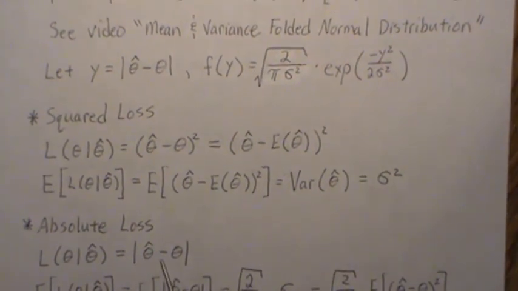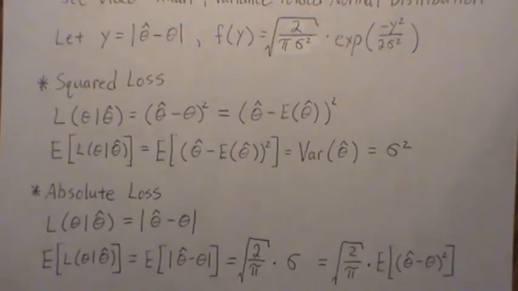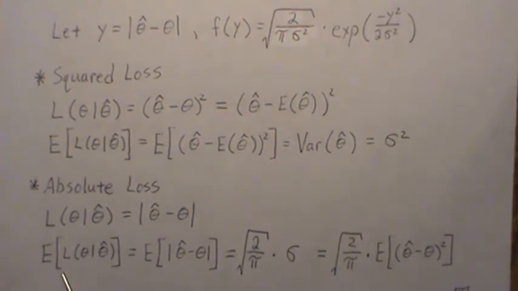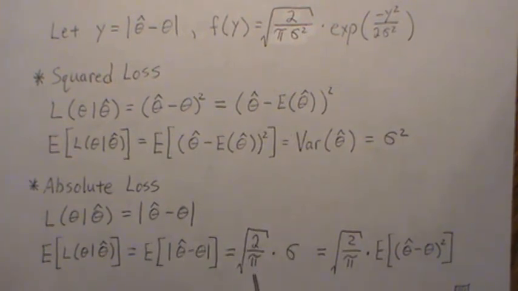Now the absolute loss is this. You just take the absolute value of this difference, and we want to look at the mean loss or the risk, which is this, and then you plug in what the loss function is. But we know that this is a half normal distribution, or distributed with a half normal, and the mean of a half normal is this, right?